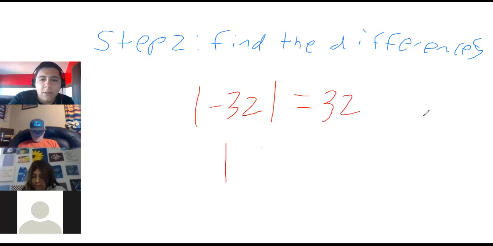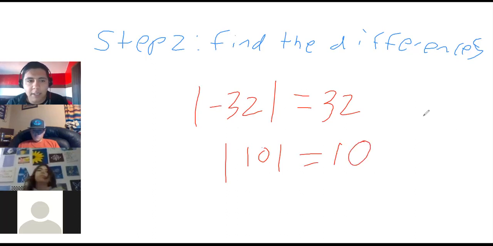What about the absolute value of 10? 10. What a lot of people get confused about is that if it's a positive inside the absolute value, they think it's negative. But that's not the case. Anything that is inside the absolute value, no matter what it is, will turn into a positive number. So if it's a negative, it turns positive. If it's a positive, it'll stay positive. Okay. And here's why it makes a difference.